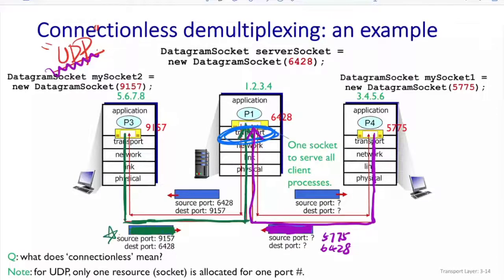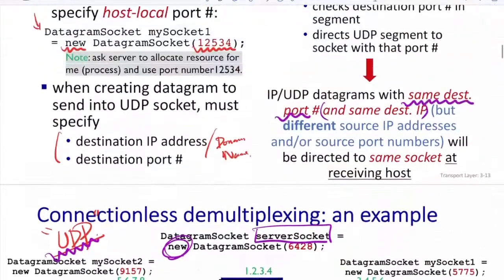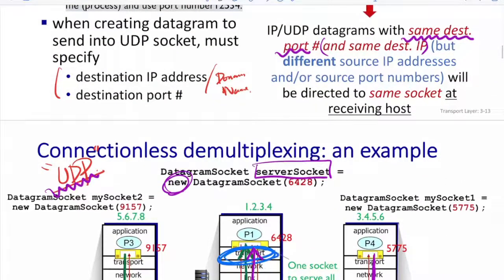But this socket, it has only one socket, right here, right? It is an object. This object is owned by P1, and P1 will receive 2 different packets from 2 different hosts, but P1 will get these 2 messages. So right here, again, let's take a look at this one, okay?